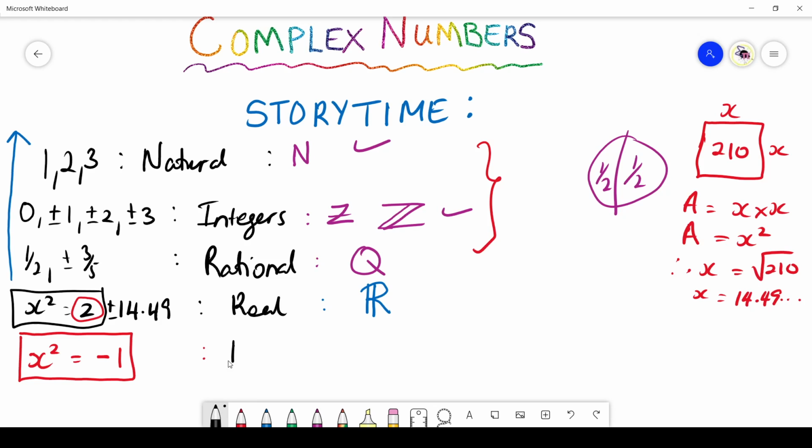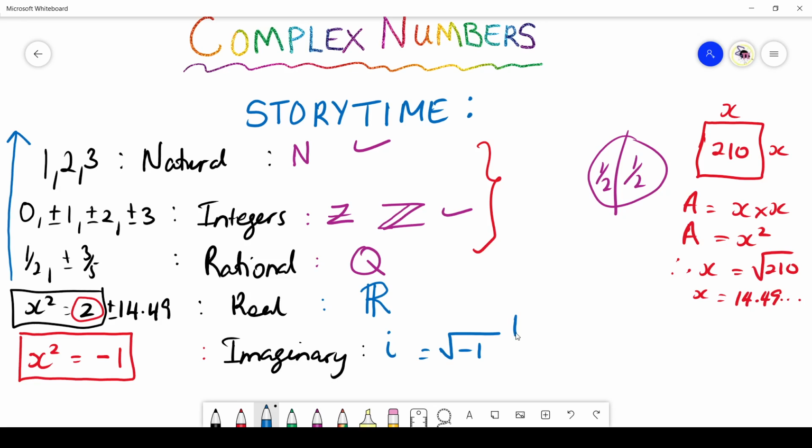They introduced something called the imaginary number system, represented by the imaginary unit, rather. They don't really call it I, but the imaginary unit is known as i, and it has a value of the square root of -1.